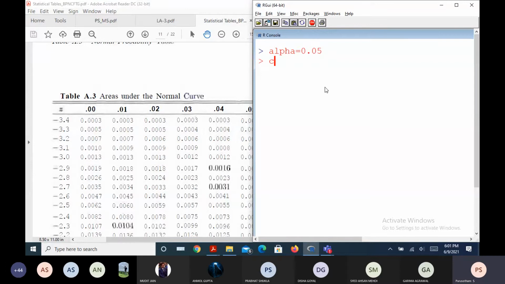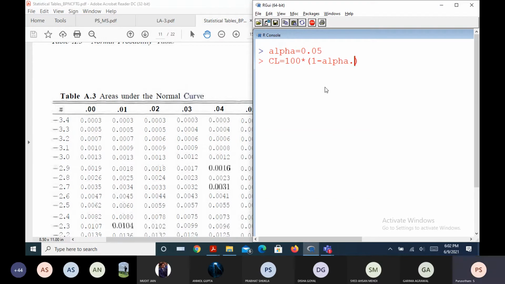The confidence level is equal to 100 into 1 minus alpha by 2, because in the two-tailed case it is divided by 2.